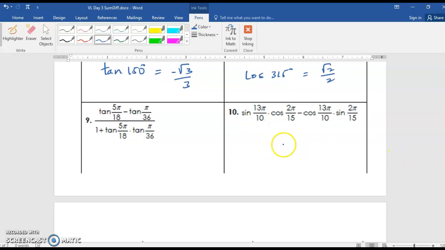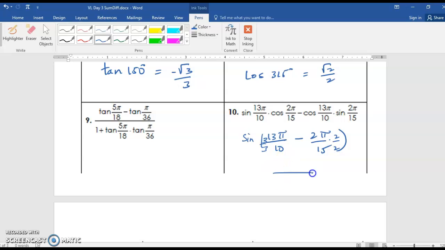So when it comes to radians, it's still the same thing. Here sin A cos B minus cos A sin B, which means sine of 13 pi over 10 minus 2 pi over 15. So the only challenge here is to bring a common denominator. So the common denominator would be 30. So you want to multiply and divide by 3 here and 2 here.